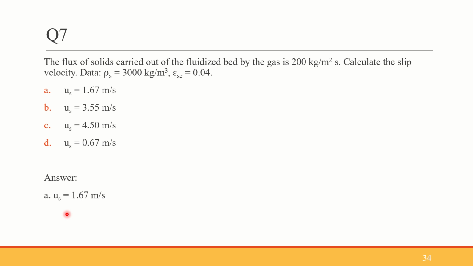Now again, if we see, the flux of solids carried out of the fluidized bed by the gas is 200 kg per meter square second, and its slip velocity is what we have to calculate.